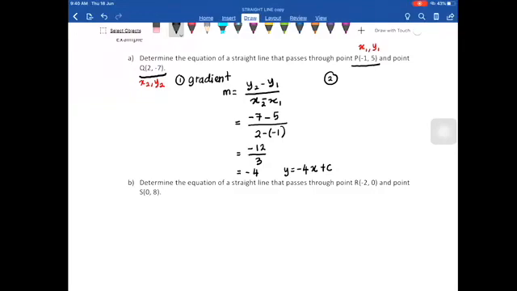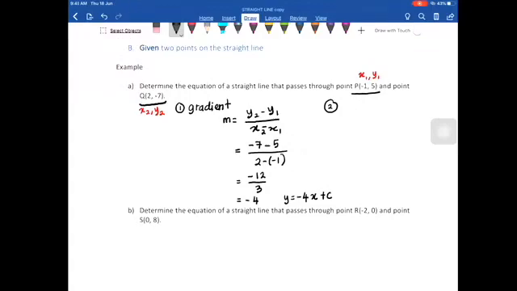Adakah point P dengan Q berada di atas straight line tu? Ya atau tidak? Tu je saya nak tahu. Tidak, Miss. Tidak.